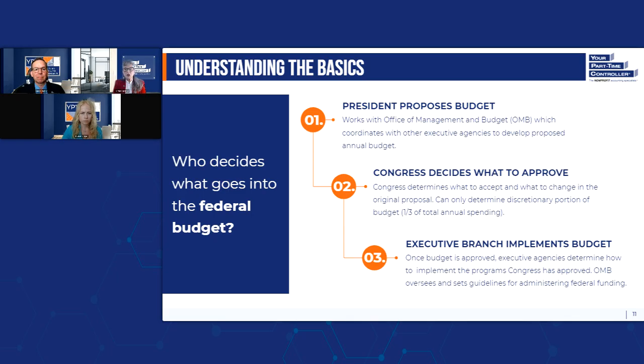So they're working with a relatively small piece of the total annual U.S. budget. Once they decide what to approve, what to appropriate, it goes back to the executive branch to implement the programs and figure out how to do the work it's going to take to carry out the programs that Congress has approved. Once again, OMB is the overseer. They make sure that everything's working as it should and serve as a resource for the other agencies.